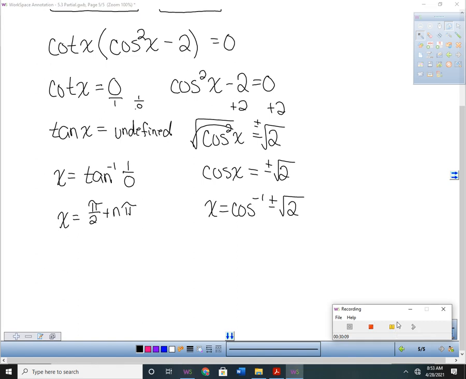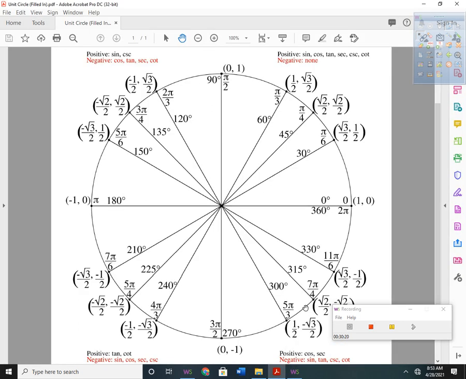So in a previous lesson, we learned that domain and range play a part. So if you're looking at your unit circle, you might be confused because none of your x values are square root of 2, or negative square root of 2.